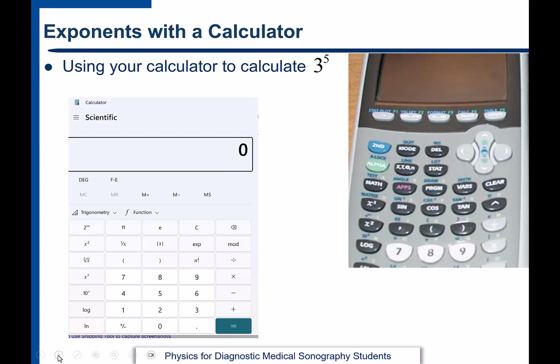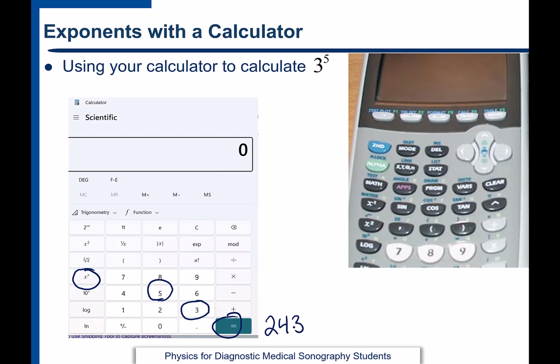On the Windows calculator, I would just type in the 3, and then what I'm looking for is the x to the y key. So if I do 3, x to the y, 5, equals, that's going to give me 3 to the 5th. You might go ahead and try it on your own on whatever device you're watching this video, and just make sure that you get 243 as the answer.